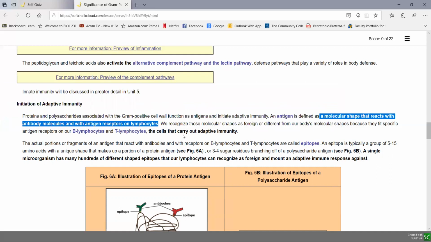We'll learn later on. But anyway, the way we recognize an antigen is that it will fit receptors on our lymphocyte. If it fits it, it's foreign to our body, something we'd want to attack. We don't recognize our own shapes because our lymphocytes don't have receptors that fit our own shaped molecules.